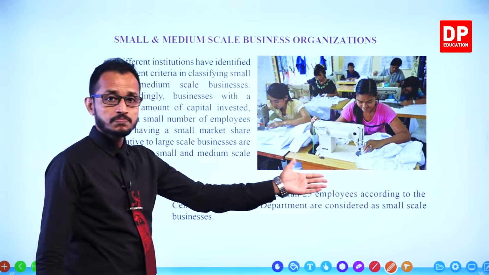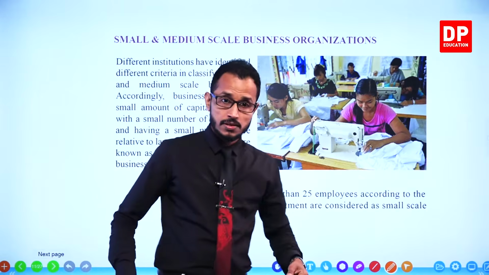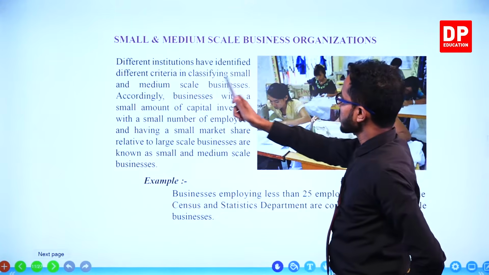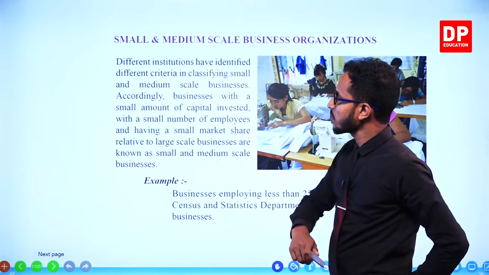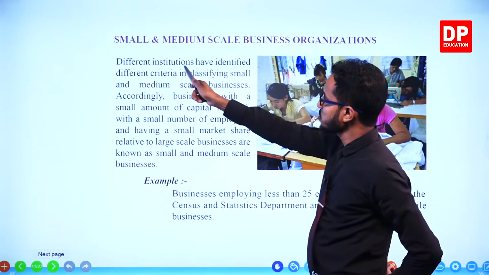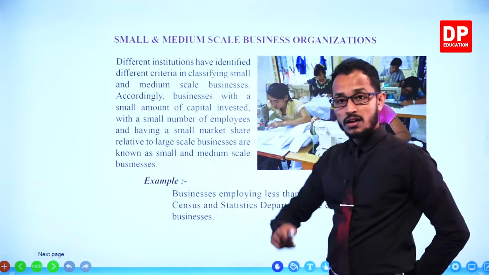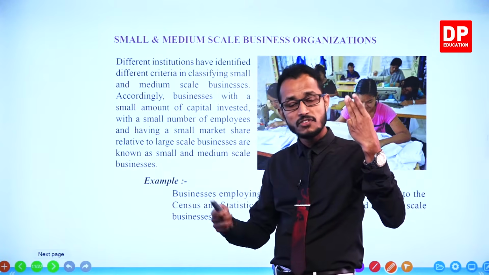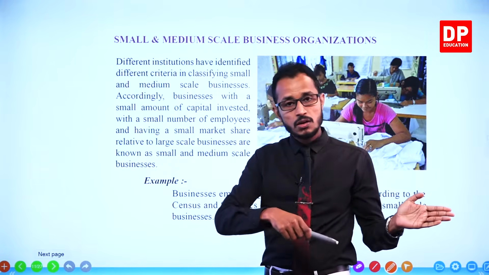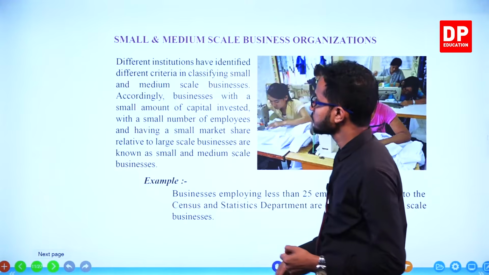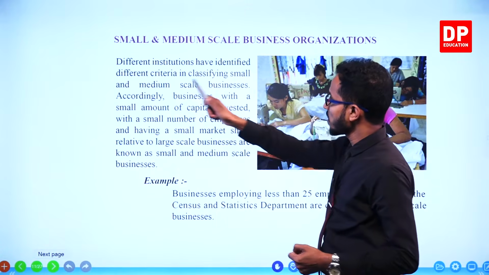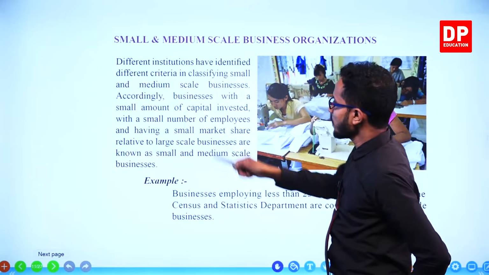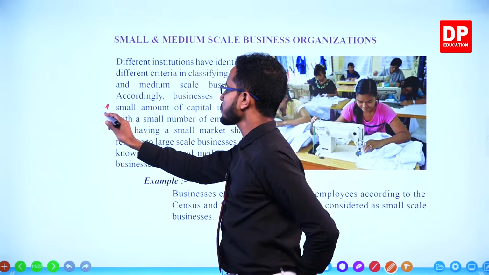Here's your textbook content. We'll read out the text here. Different institutions have identified different criteria in classifying small and medium scale businesses. We talked about 3 criteria to divide business organizations as small and medium or large. Accordingly, businesses with a small amount of capital, this is the first criteria.